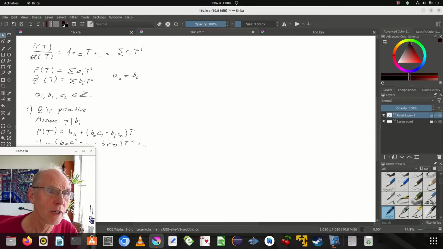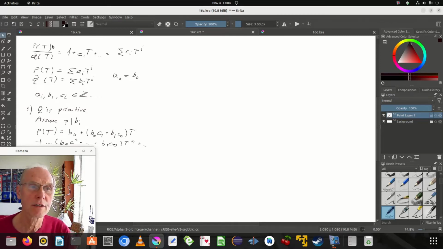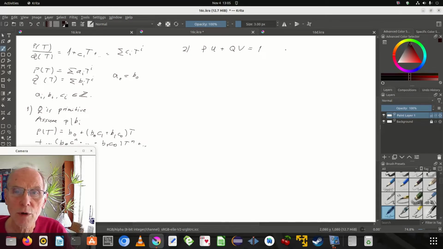So the ideal generated by P and Q in the polynomial ring over the integers contains all of the polynomials, so it can also get 1. We don't have to actually do the computation, so that's p times u plus q times v equals the constant polynomial.